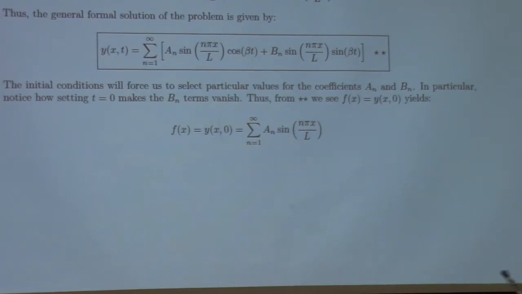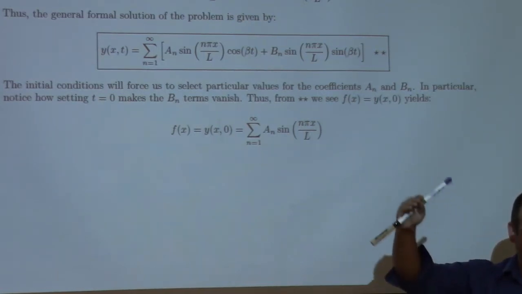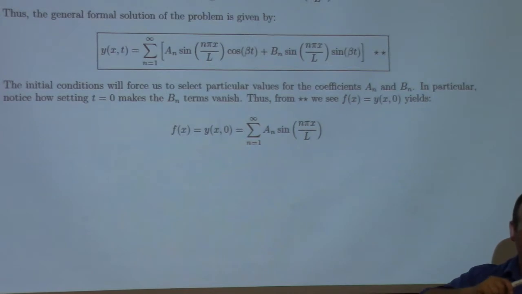It's interesting. At the start of the course, for a second order ODE, we needed a C1 and a C2 to fit initial conditions. Now we find ourselves with a PDE where we need essentially infinitely many constants in order to fit different possible initial conditions.